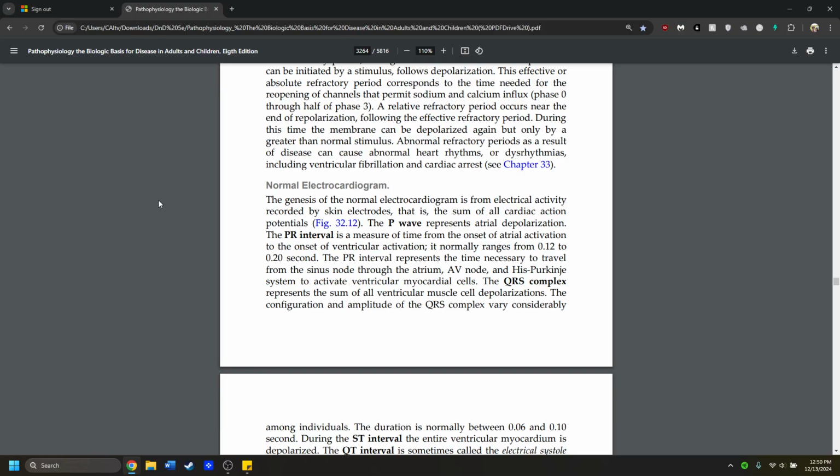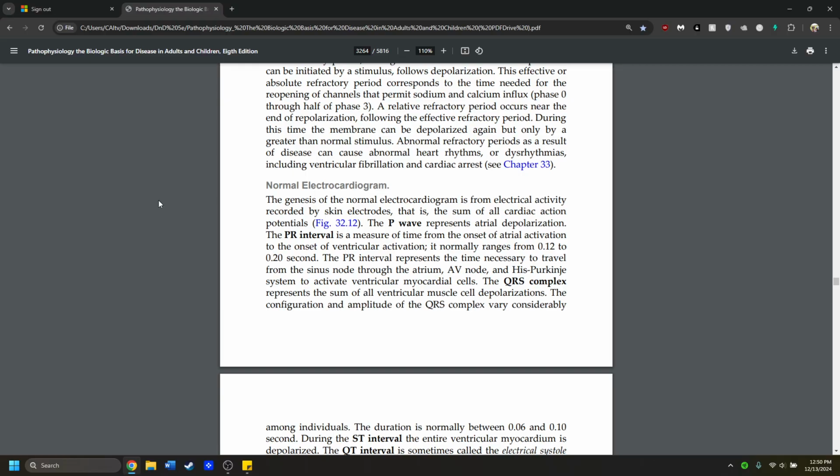It normally ranges from 0.12 to 0.2 seconds. The PR interval represents the time necessary to travel from the sinus node through the atrium, the AV node, and the His-Purkinje system to activate ventricular myocardial cells.